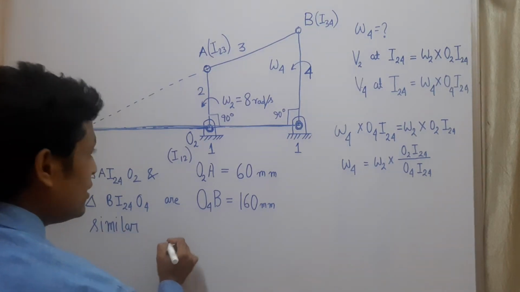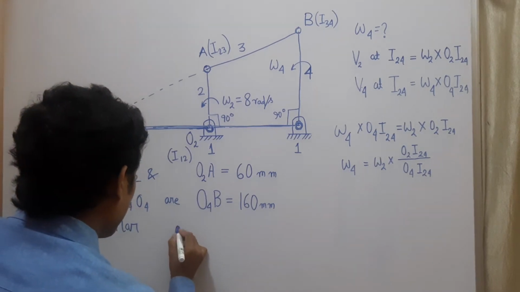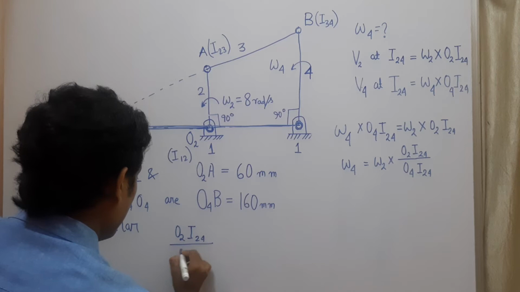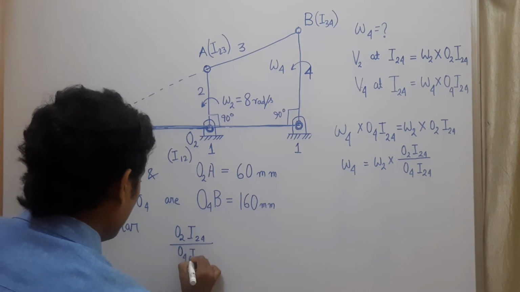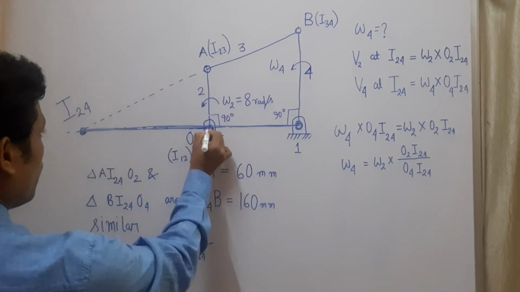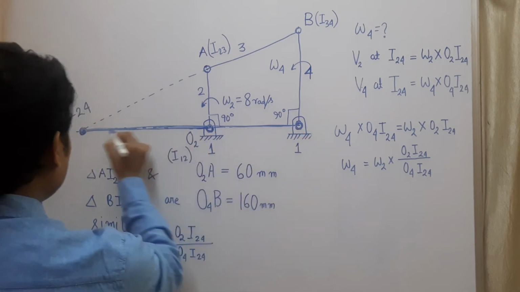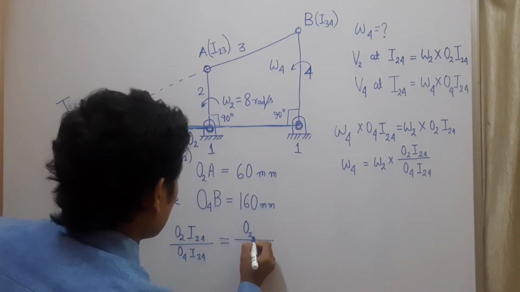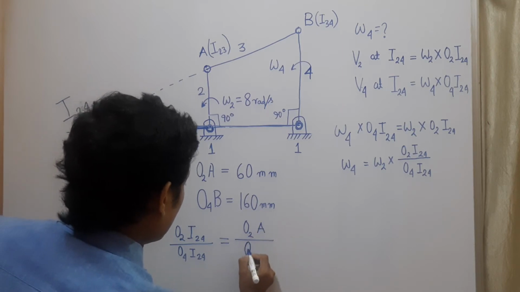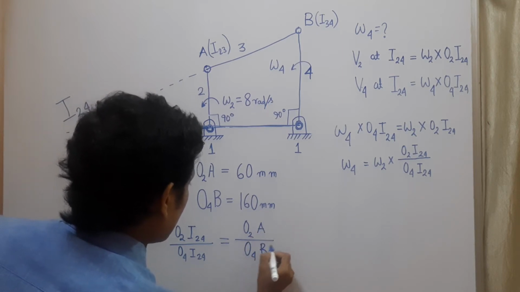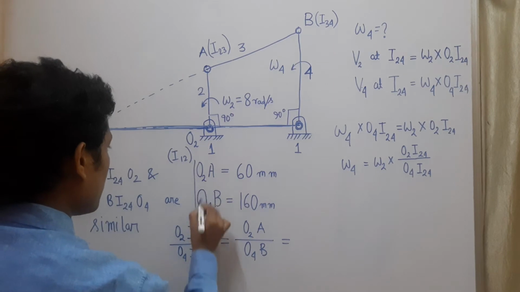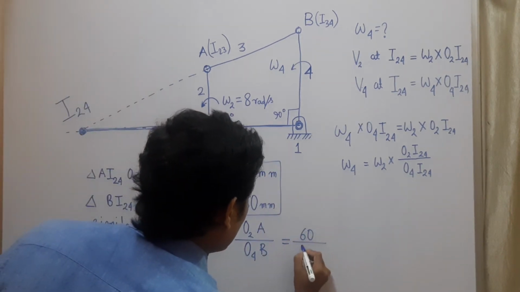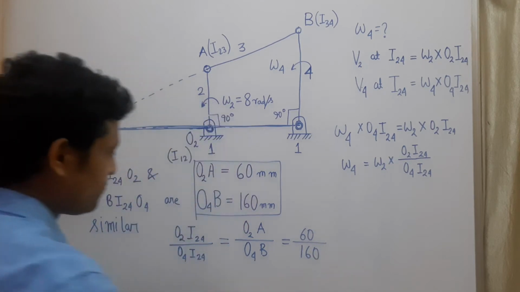So the ratio O2 I24 by O4 I24 is nothing but O2A by O4B, and these two link lengths are given. So this ratio is 60 by 160.